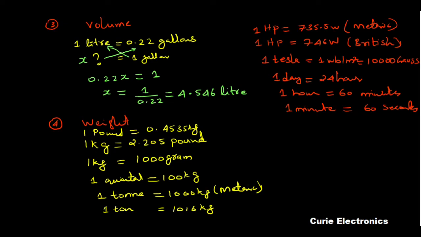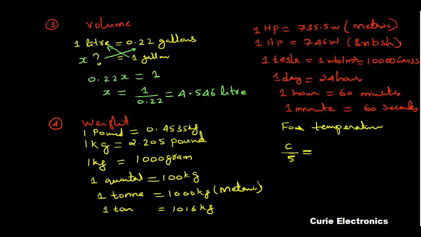Then there's one more important equation you should know: the temperature scale conversion. For temperature conversion, you have to remember this equation. C upon 5 equals F minus 32 upon 9 equals R upon 4.